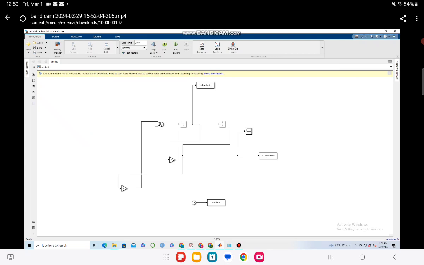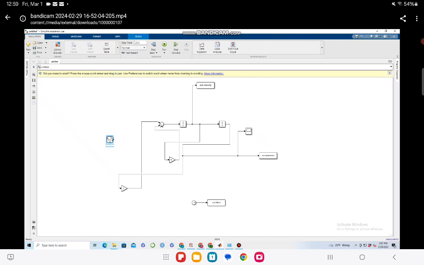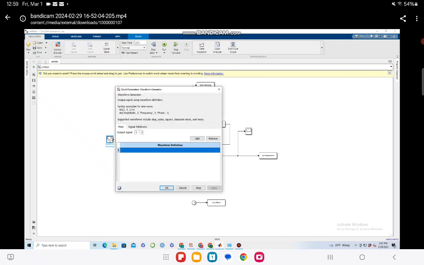Again, we can go in and find some other things like the square waveform. You can also do a sine wave out of these functions. Here I'm going to do a square wave, so you have to define it, which is what I'm going to type here. Then you have to give it its inputs. It has similar inputs to the sine function: the amplitude of the square wave, its frequency, and its phase.